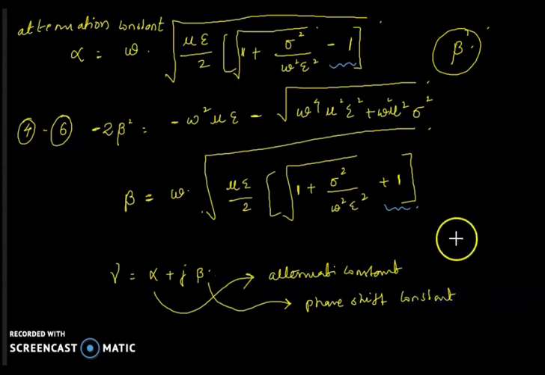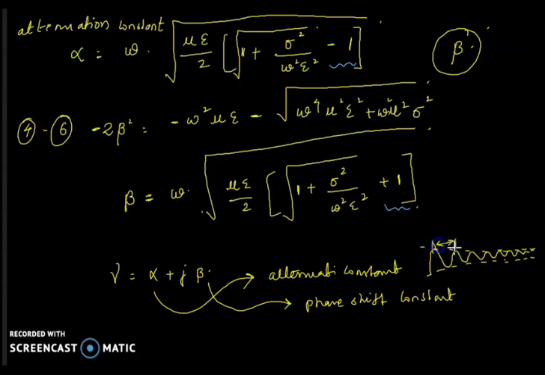So attenuation constant is like the damping of the waveform. As it propagates through the medium, its magnitude is slowly coming down, whereas beta, the phase shift, is just like it is not maintaining the same phase.